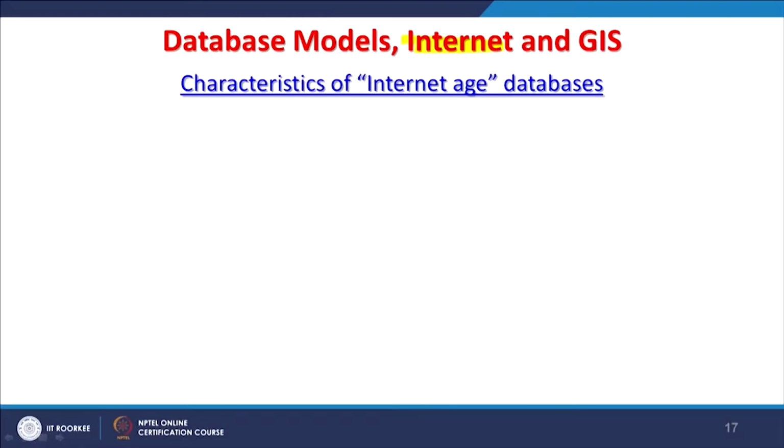With the databases and GIS, that is what is happening through the internet. So, internet here is in between, because now we are in the internet age, and especially because of this corona pandemic, people are resorting to many things which are online.